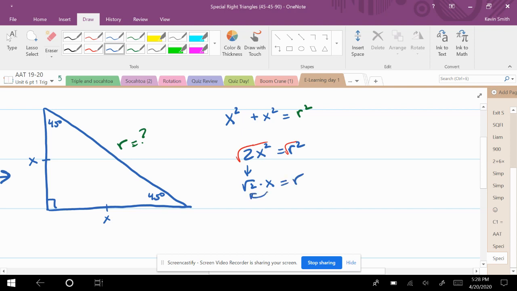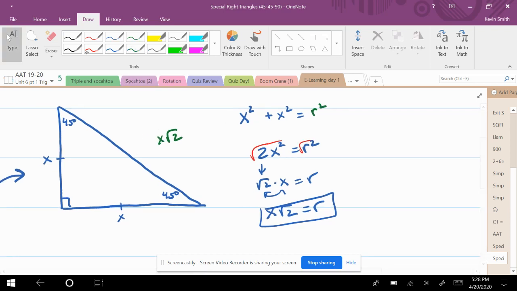I'm going to switch these two around. So we get x root 2 equals r. And that is going to be our hypotenuse, x root 2. And in every single 45, 45, 90 triangle, that'll be true.